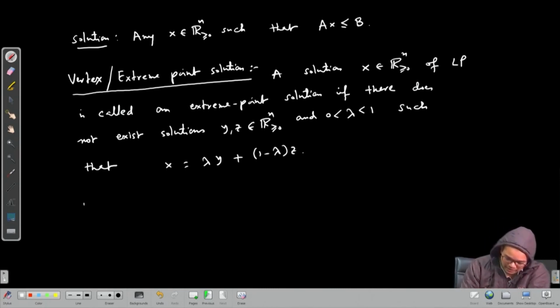And there is another concept called the polytope.